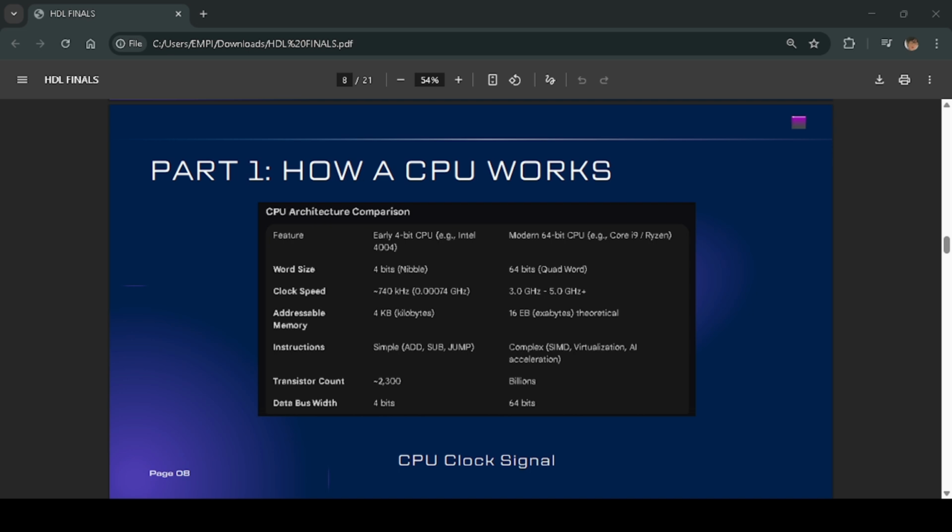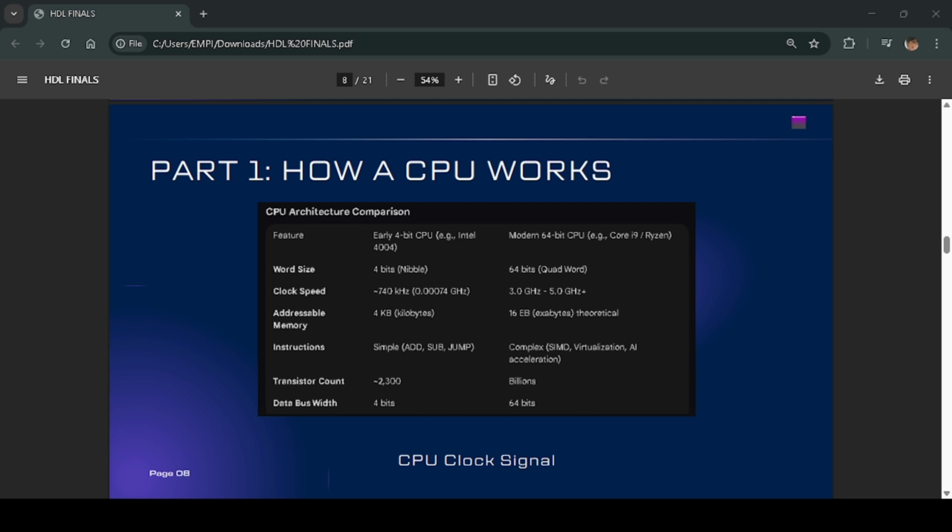Clock speed, measured in hertz, or pulses per second, is a fundamental driver of performance. The Intel 4004 ran at 740 kilohertz, while a modern CPU runs near 5 gigahertz. That's nearly 7,000 times faster on a clock pulse basis.